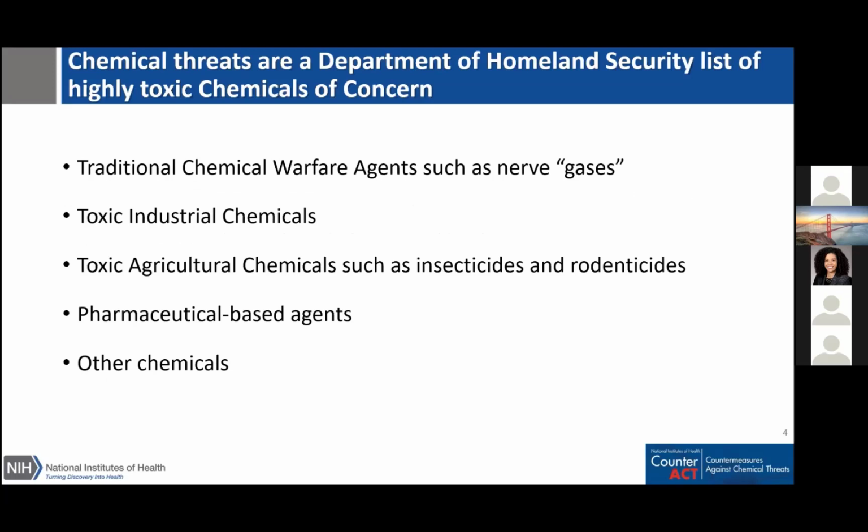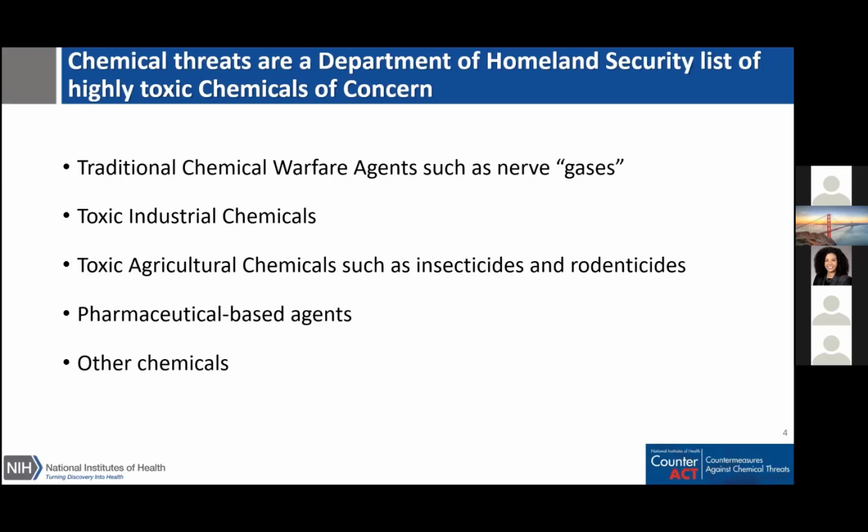So first, what exactly is a chemical threat? Well, the program is guided by a list of about 200 chemicals developed by the federal government, and applicants should contact myself or Dr. Spriggs to confirm that the chemical or chemicals they wish to study are on this list before developing an application.